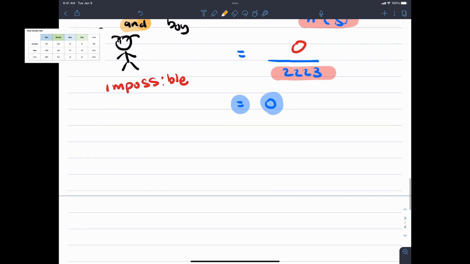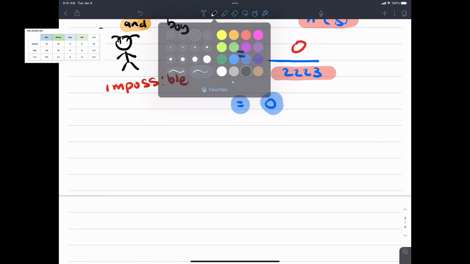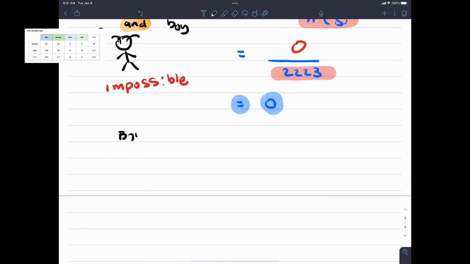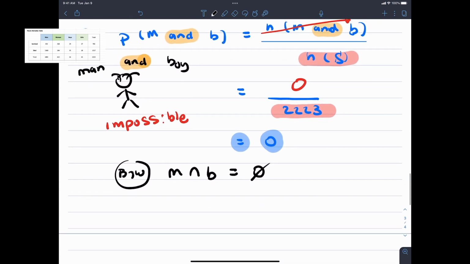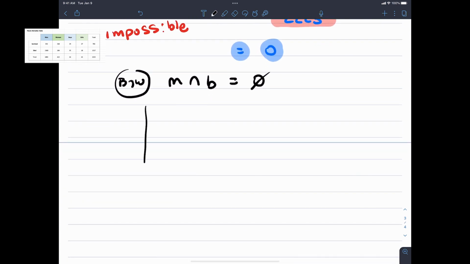Okay, so I'm going to make a few observations here, by the way. The list of men, intersection with the list of boys, is empty. You go, what in the world are you talking about? Yeah, the Venn diagram picture of this situation.